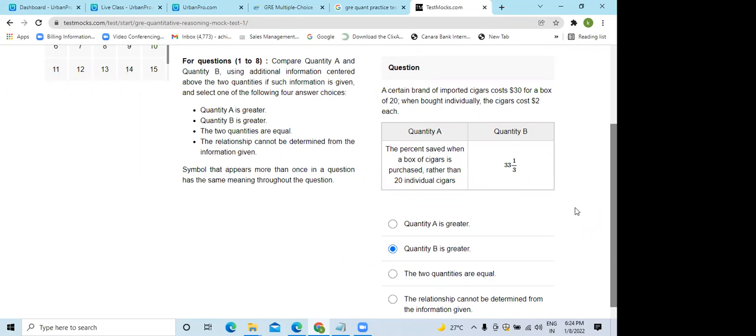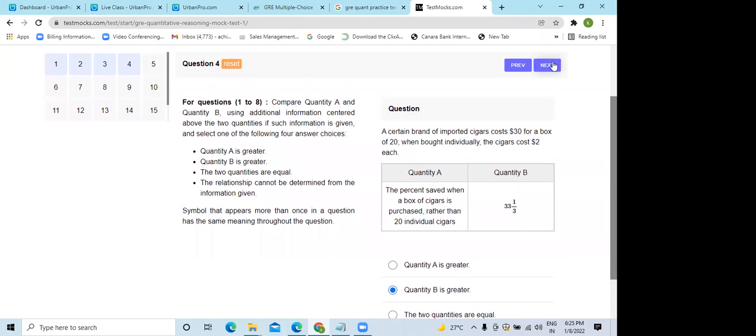You should have all this by heart, 1 by 2 up to 1 by 10 at least, so that you are very clear, because this will be used in so many places. You should not waste your time thinking through what 1/4 is as a percentage and doing a calculation, because you'll not be able to save a lot of your time. Are you clear with this, or do you want me to go through this again? I got it, Professor. Right, good. So I'll go to the next one.